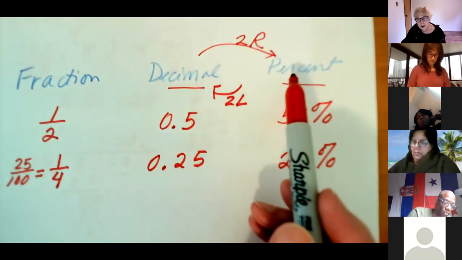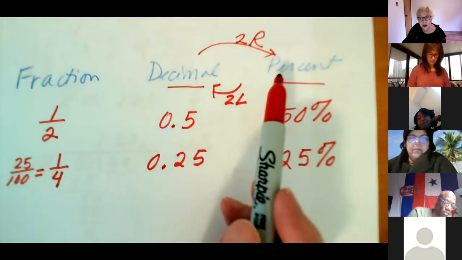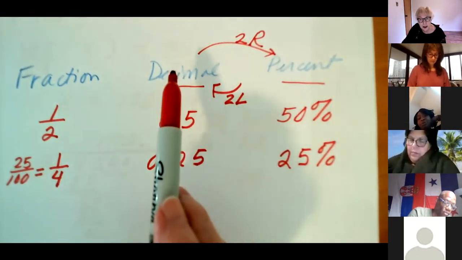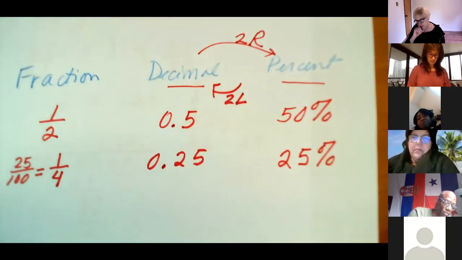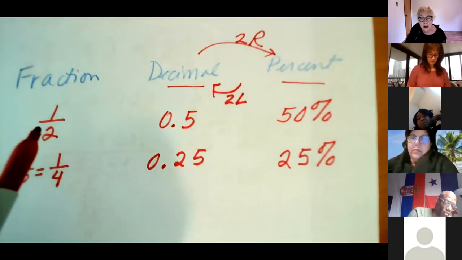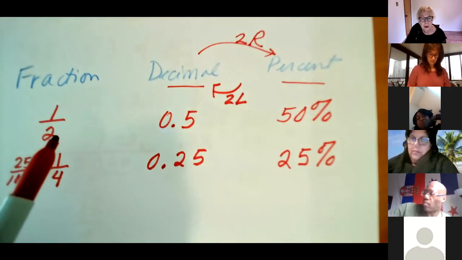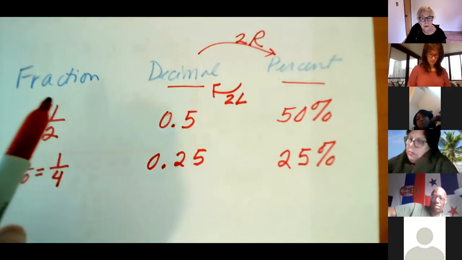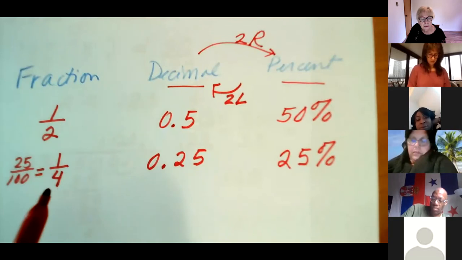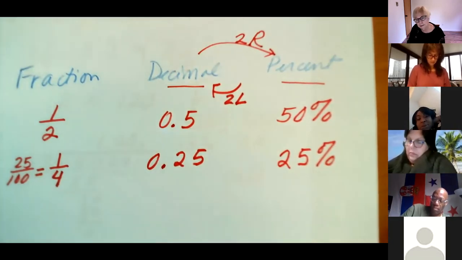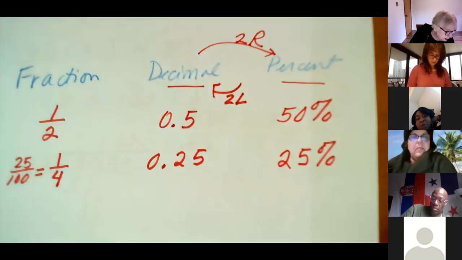If you're going to the percent, it's 2 to the right. If you're coming back from the percent to the decimal, it's 2 to the left. Fractions, you may have to divide them out depending on the problem. But anyway, that's basically it.